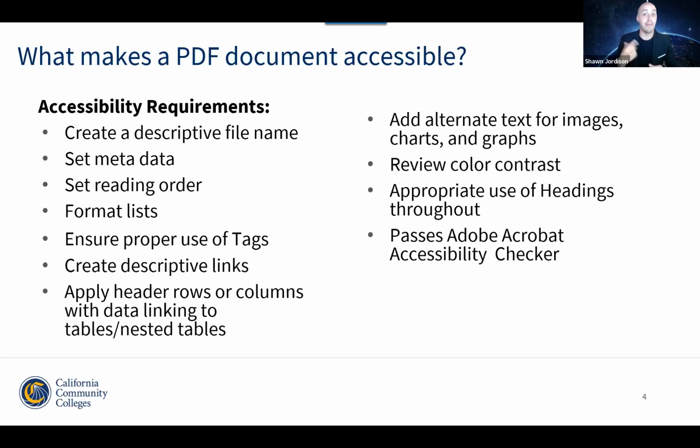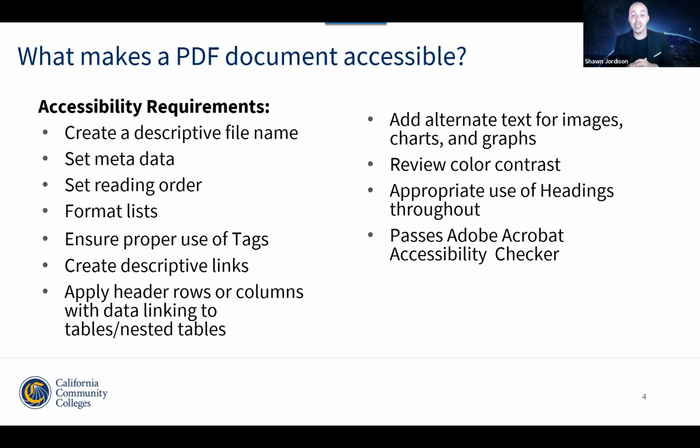There are specific semantics to make one tag be communicated to assistive technology over another. For example, a lowercase h in the tags panel will not be recognized as anything, as Acrobat wants a capital H in the H1 type of world.